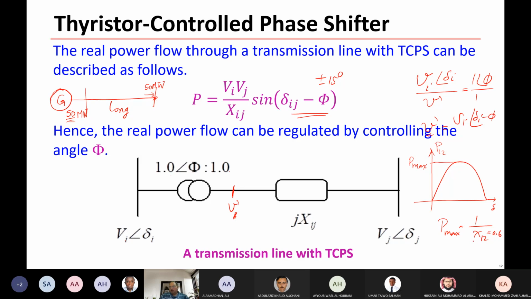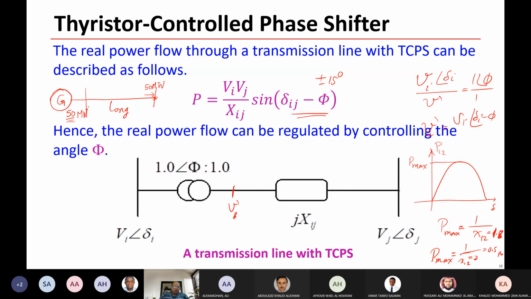If this x equals 0.6, you have Pmax equal to 5/3, that's 1.67. Let's say instead, make it 1.5 or 1.2, the impedance, or 2. Let's make it 2, so Pmax equals 1 over x12, which is 0.5 per unit.